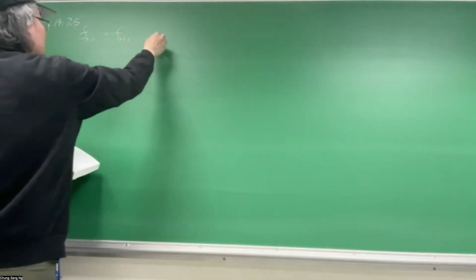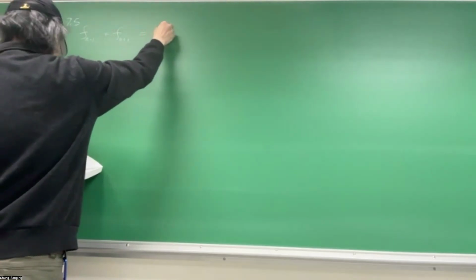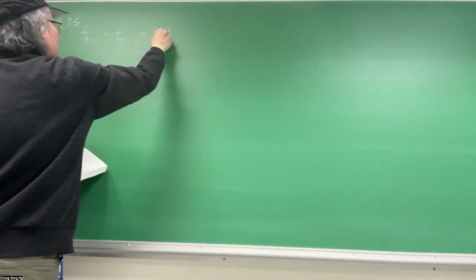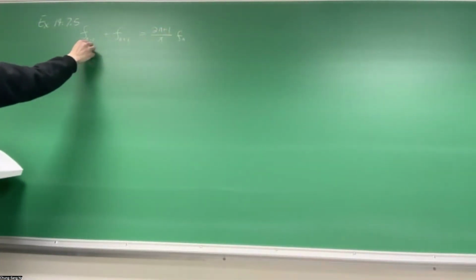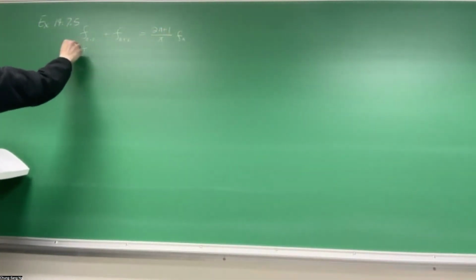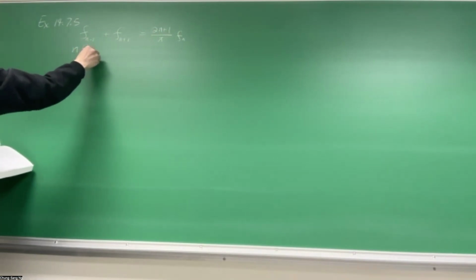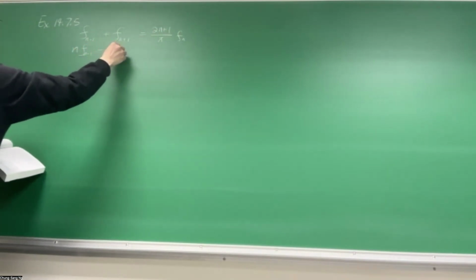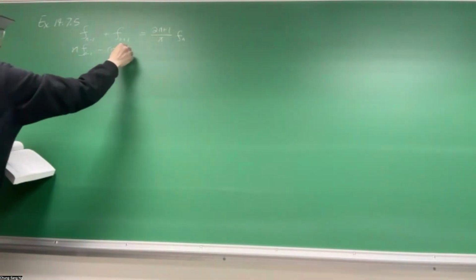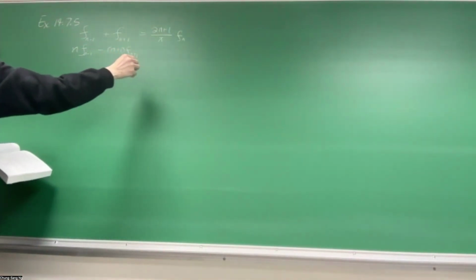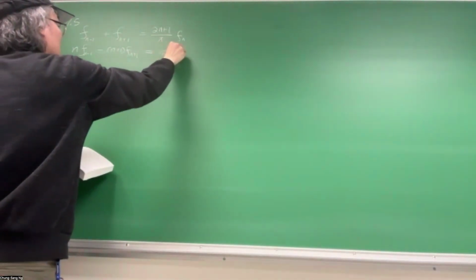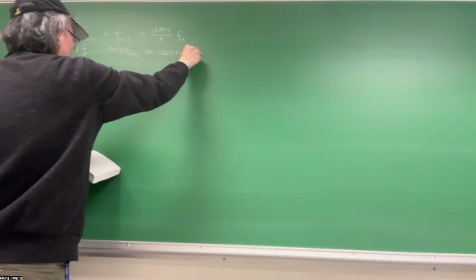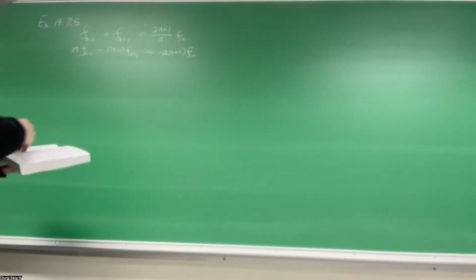The function, plus 1, and then the subtraction is n f sub n minus n plus 1 f sub n plus 1 is to n plus 1 f sub n prime.